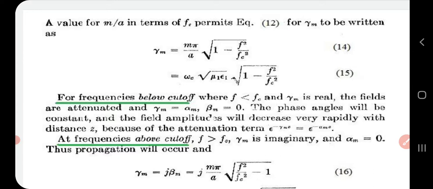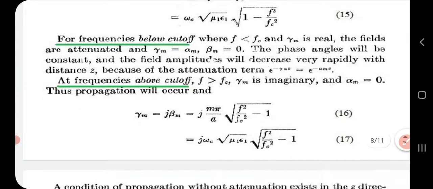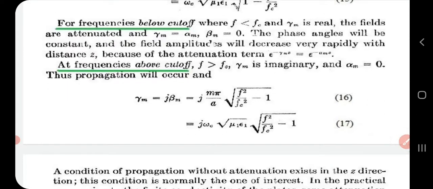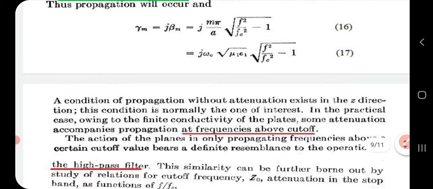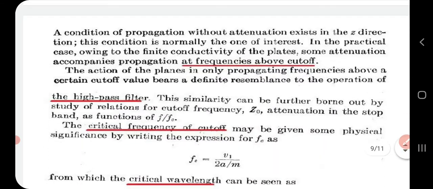Then what happens if frequency is above cutoff? Then that complex constant is imaginary, attenuation constant is 0 and the propagation will occur, and the expression for that complex constant gamma m is given by equation 17. Now what we are interested in is the direction in which no attenuation occurs.